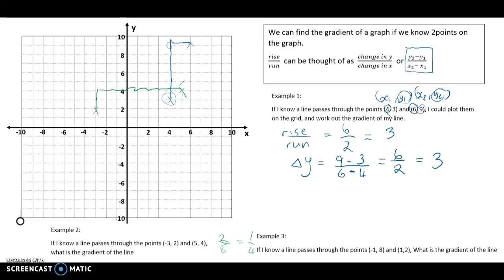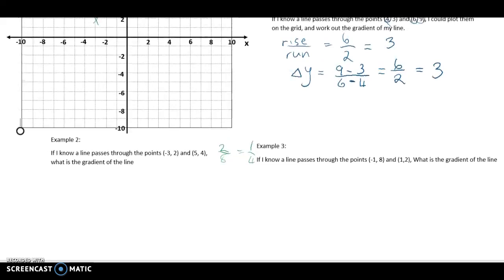I'm just going to move this down. Let's have a look at that algebraically, finding it without having to worry about a grid. This one is x1 and y1, and x2 and y2.